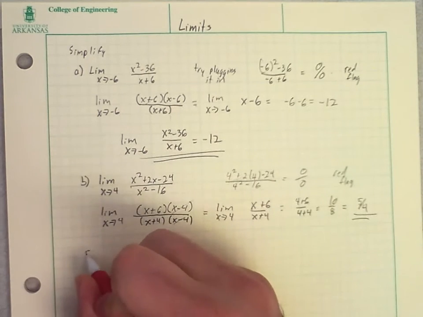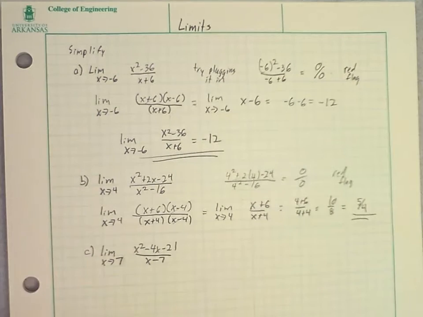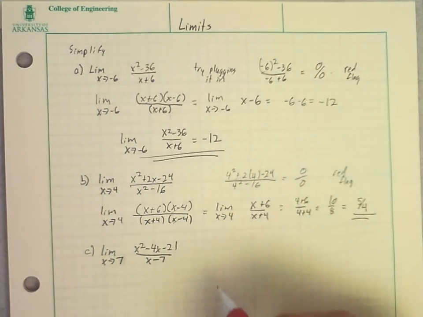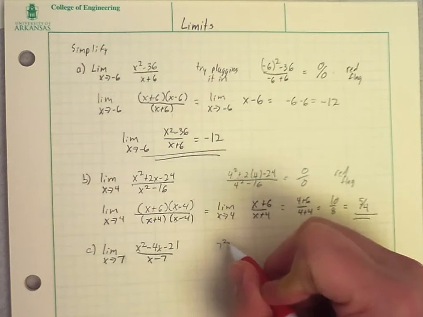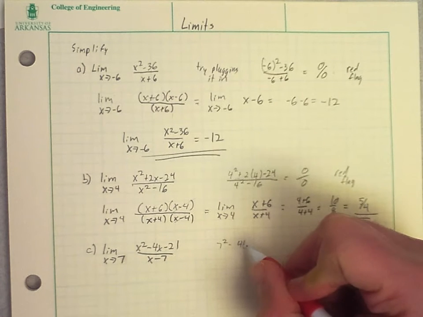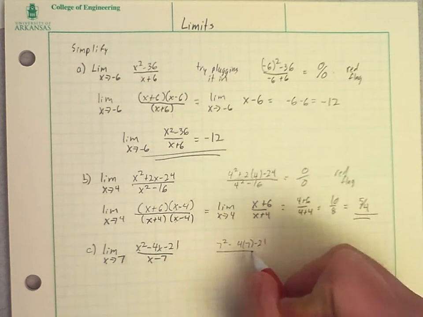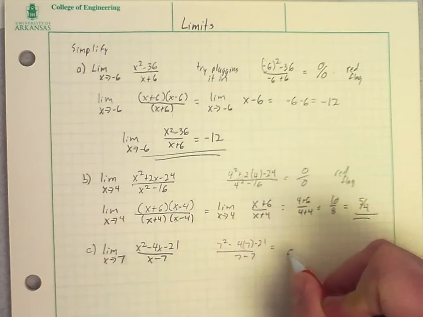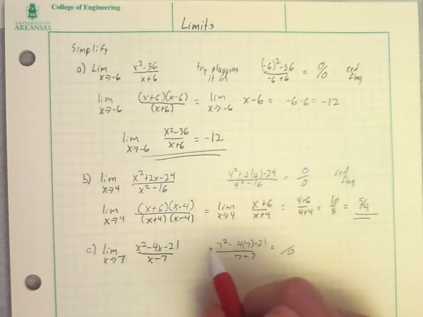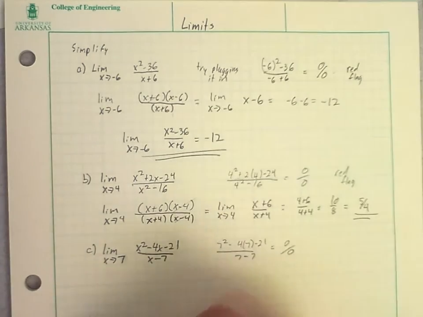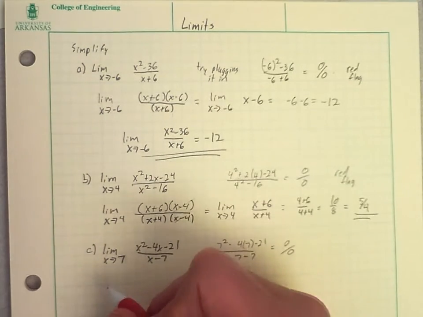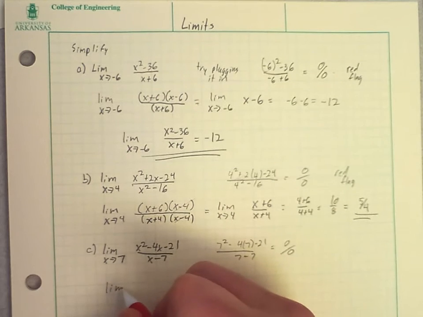Part C is the limit as x approaches 7 of (x squared minus 4x minus 21) over (x minus 7). Plugging it in is probably not going to work: 7 squared minus 4 times 7 minus 21 over 7 minus 7. The denominator is 0, which is already a red flag, and the numerator also works out to 0. Nothing surprising here; they're all the same type of problem, so we try to factor.